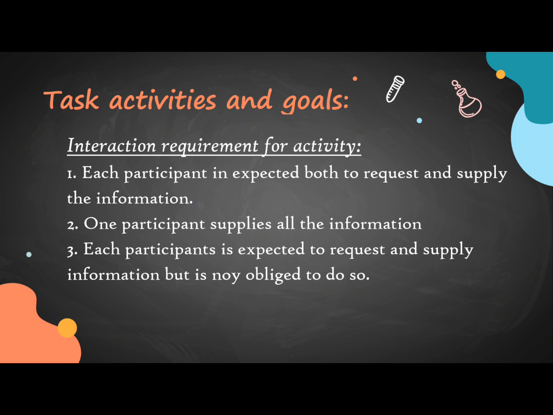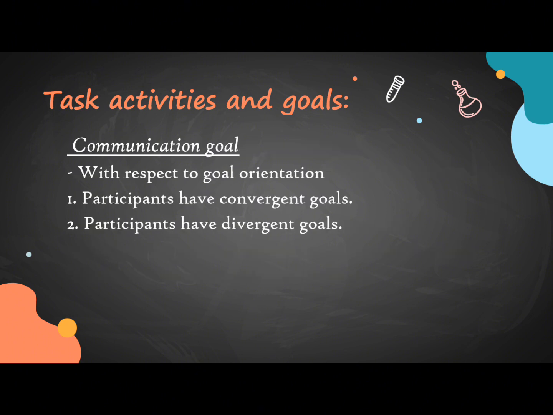Now, for the interaction requirement for activity, number one is each participant is expected both to request and supply the information. Two, one participant supplies all the information. Lastly, for the interaction requirement for activity, each participant is expected to request and supply information, but is not obliged to do so, or the participants are not obliged to do so.